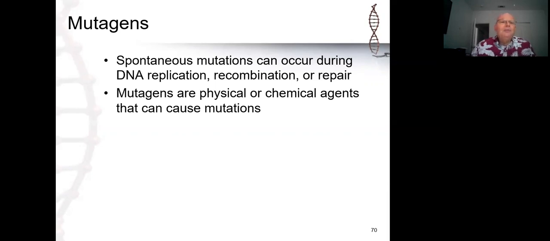And we also know that some physical agents and chemical agents can cause mutations. And one of the things that we've discovered about these is there are only certain types of mutations that can occur. So there are only certain types of substitutions that can occur. There are only certain types of deletions and insertions that can occur.